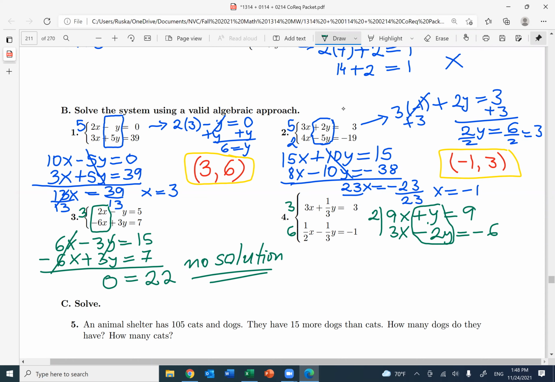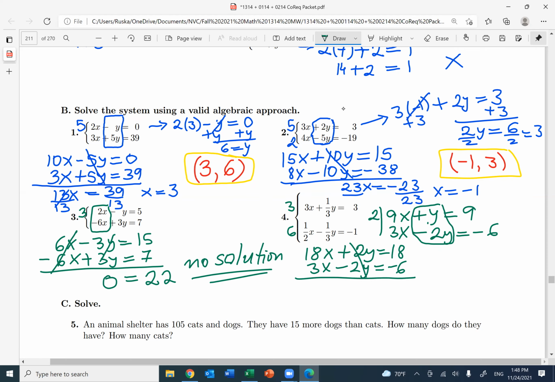So I'll multiply the first equation by 2. So that will give me 2 times 9, 18x plus 2y equals 2 times 9, 18. And then I'm going to copy the second one, 3x minus 2y equals negative 6.